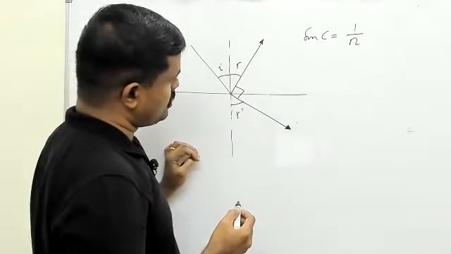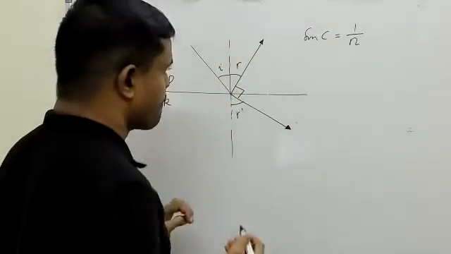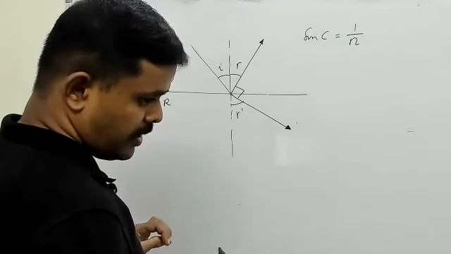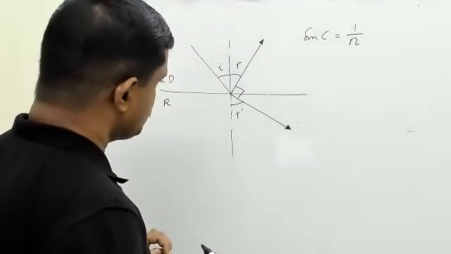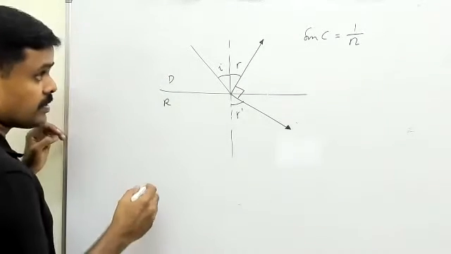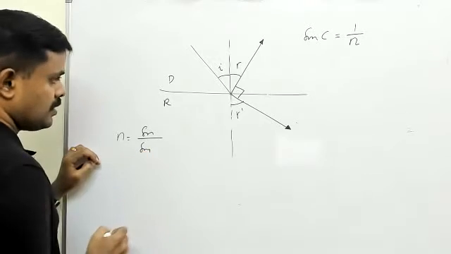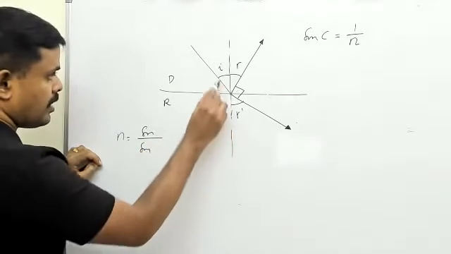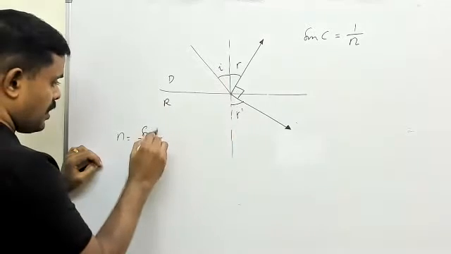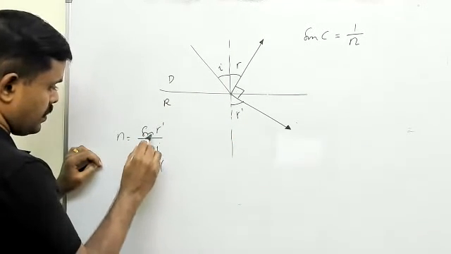Sine C is equal to 1 by n. I need to have I inside, right? So let me just do this. Sine inverse. Okay, n is equal to what? Sine by sine. So denser medium angle is I, it should go on denominator. The other is R dash, that is sine R dash.